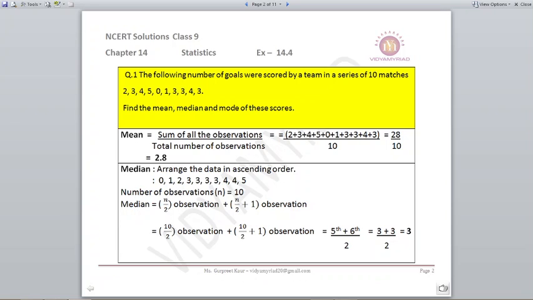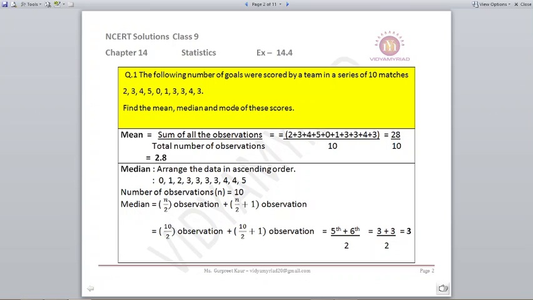Now in case your number is even, like here we have 10 observations, and 10 is an even number. So for calculating the median, first we need to find the n upon 2 and the n upon 2 plus 1 observation. What is n here? 10. So 10 upon 2 and 10 upon 2 plus 1 observation, which means the 5th and 6th.